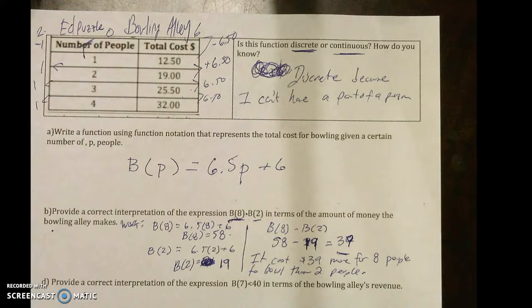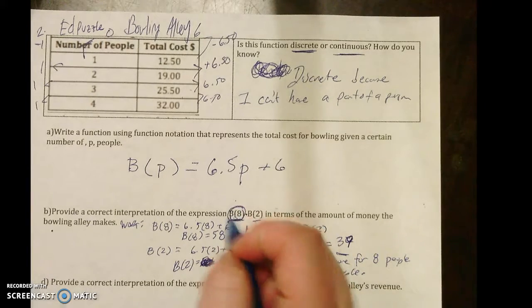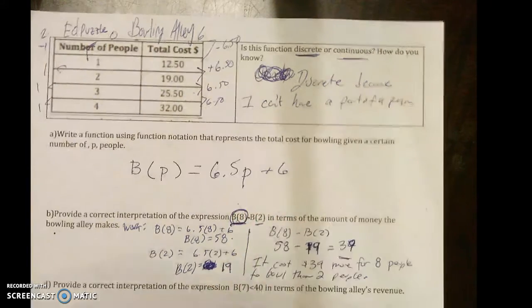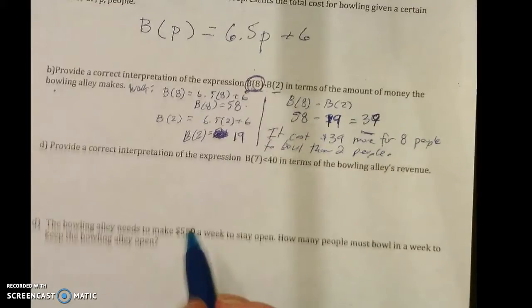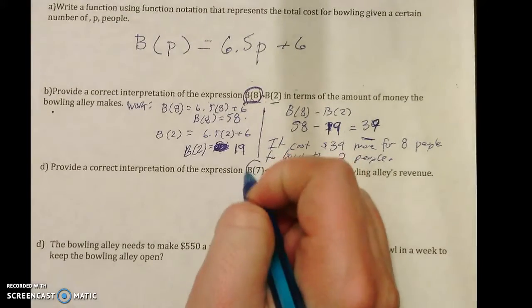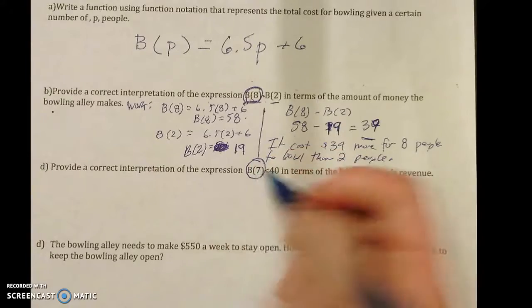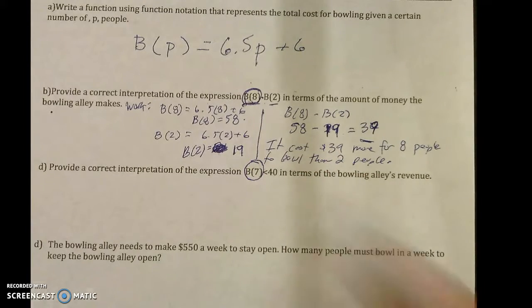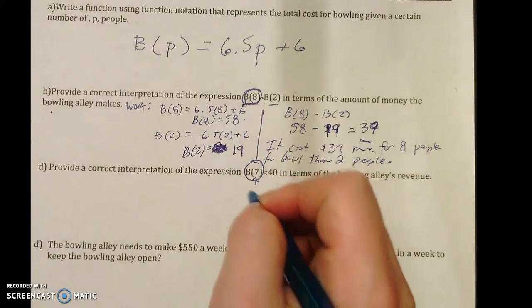But this is the big thing that was missing on our practice from the other day, is this idea of interpreting what this means. This whole thing is my output, so the output that I get when 8 people bowl. This question is the same idea. The whole B of 7 is the whole amount of money that I make if 7 people bowl.